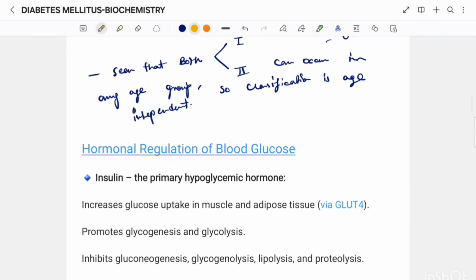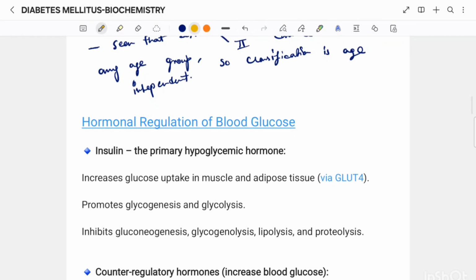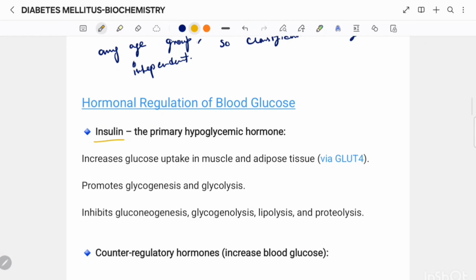Now let's talk about the hormonal regulation of blood glucose. The first regulating hormone is insulin. Insulin is a polypeptide. We can discuss it later. It is the primary hypoglycemic hormone. How does it work? First, it increases glucose uptake by the muscles and adipose tissue via GLUT4, so it decreases blood glucose.